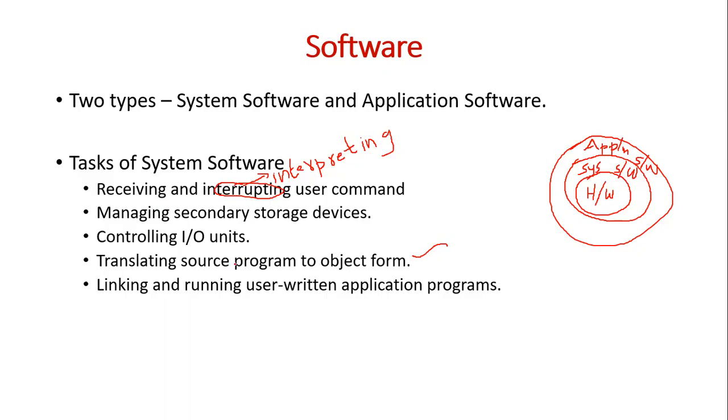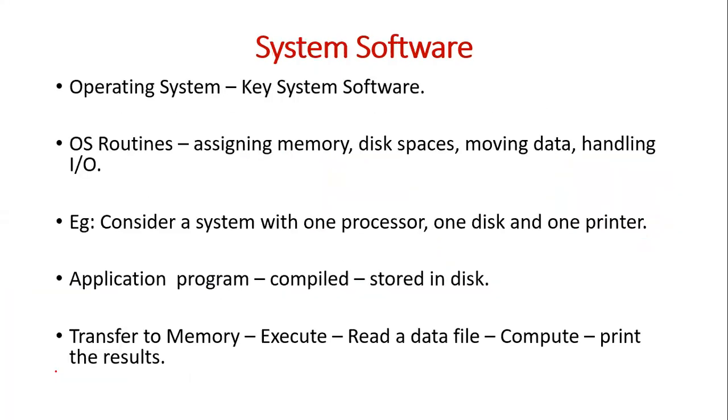That is done by a special system software which is called a compiler. The compiler is also an example of a system software which converts source code to object code. And also there are utilities for linking and loading. All these are also examples of system software. So these are the typical tasks of a system software, right?